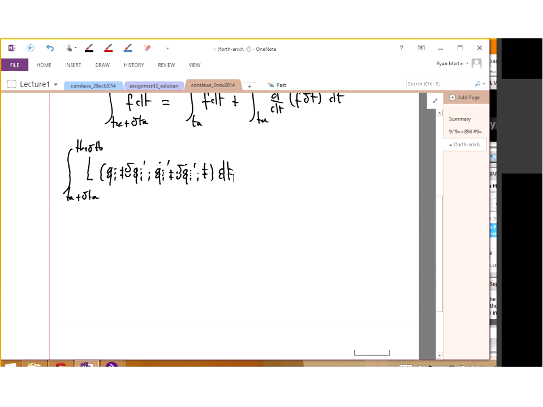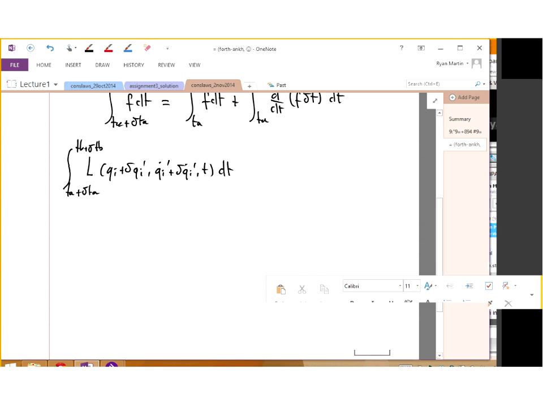Okay. So I'm going to write that as a Taylor series. I'm going to expand L, which is the value at QI plus delta QI prime, in a Taylor series about QI and QI dot prime.